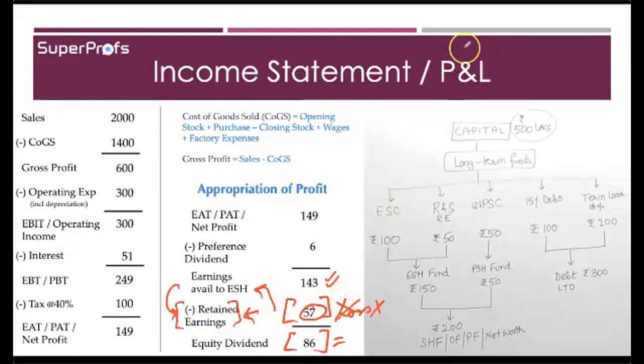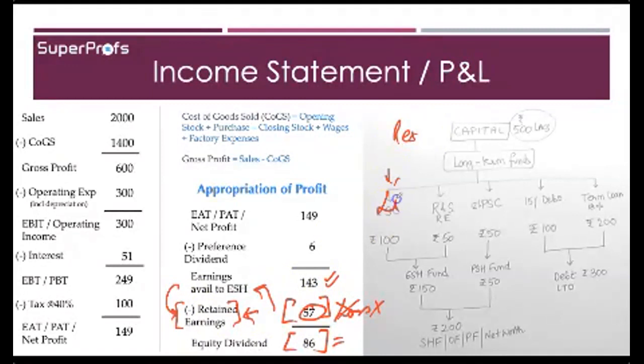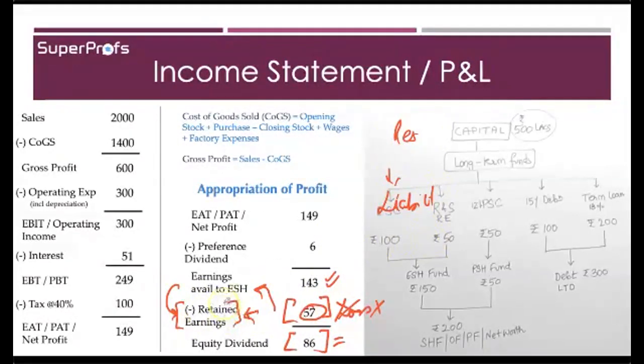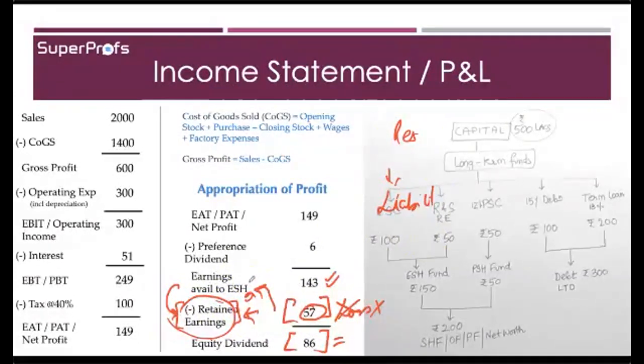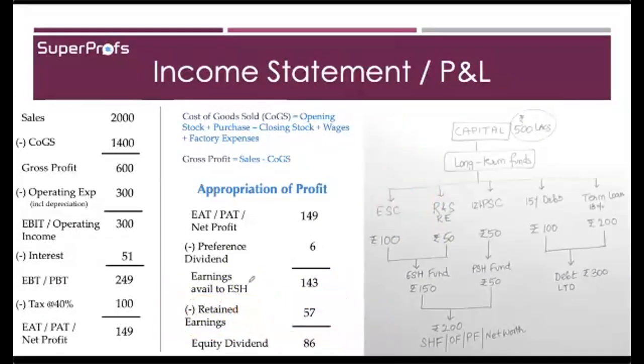Even in your balance sheet, you will write this amount as reserve and surplus under liabilities, because you need to pay this out. So always remember, retained earnings is not a loss to the equity shareholder. They are just giving this money to run the business for the time being. I hope all these concepts are clear to you. You should go through this once again and revise it properly.